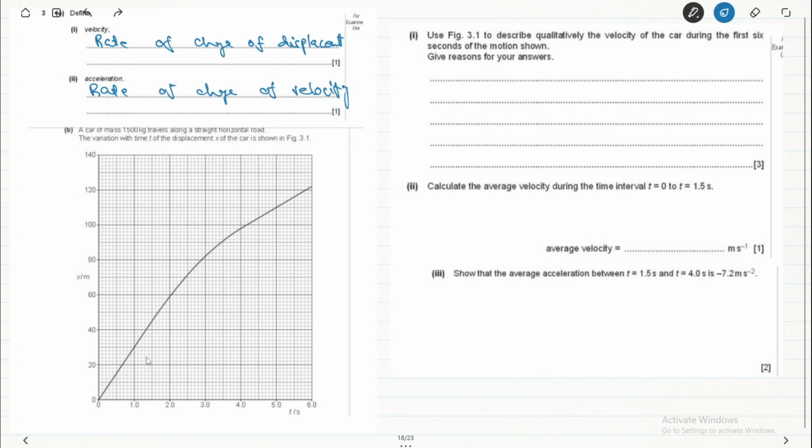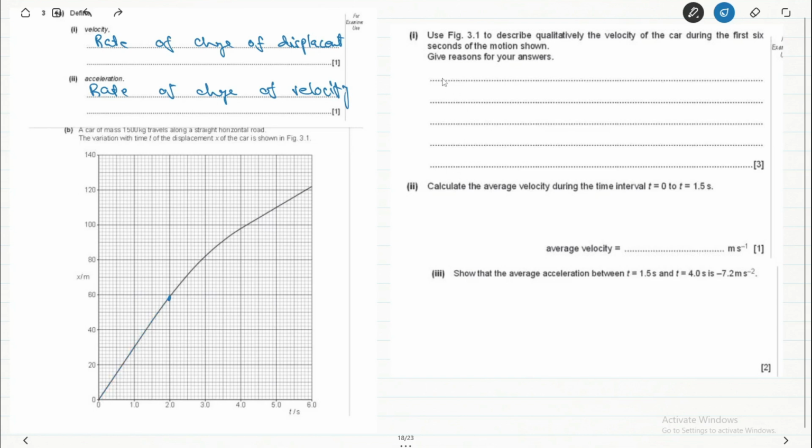Now, the thing that you need to understand about describing graphs is, first you need to see a property of the graph, and then relate it to real life, right? So the first thing is, let's just take it till here. So this is a constant velocity, constant gradient, right?